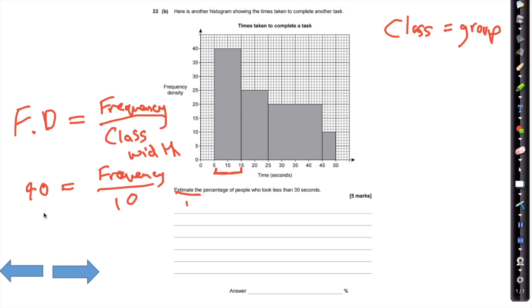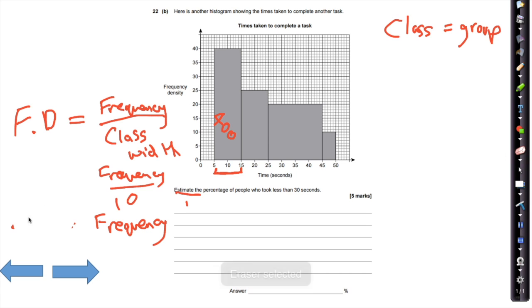So if we multiply both sides by 10, we're going to get 400 is our frequency. If something's divided by 10 and you times it by 10, you're left with what's on the top. So that's why this works very nicely. 400 is our frequency for this group here, or class. So let's just write 400 there.